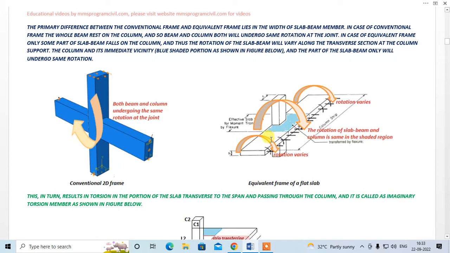Now, as we move towards the transverse direction, the rotation will change. The rotation will vary, right? This is a very flexible member, okay. So the rotation of this and this will depend upon the unbalanced moment, okay. So that is why, in case of flat slab, the rotation varies along the width of the slab beam member in the transverse direction.